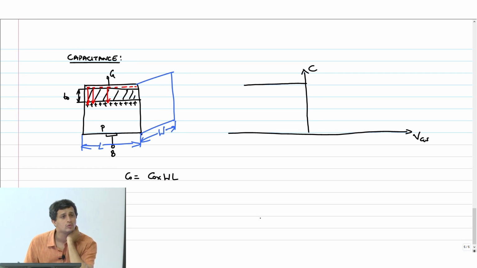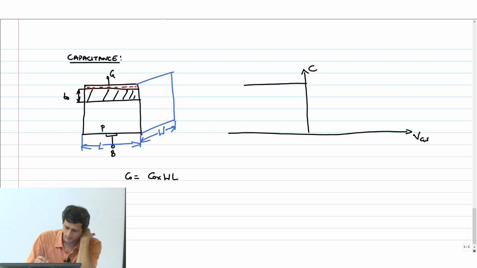Now, what do I do? I move this into the positive region, VGS greater than 0, and then which region will it start operating in? Depletion mode, right? So, if you look at this, I am now going to put positive charges here because VGS is greater than 0.